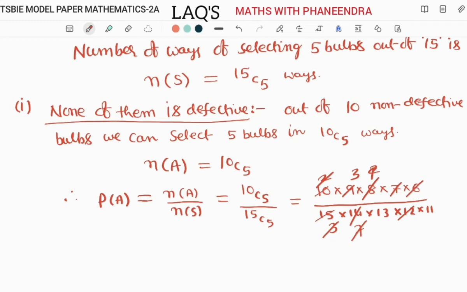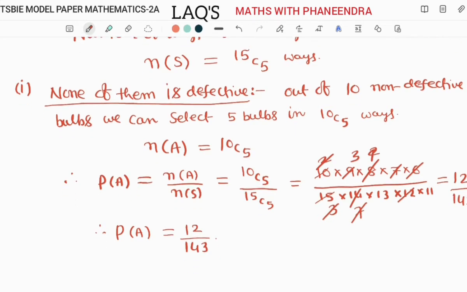So 3 into 4 is 12 by 11 into 13 is 143. Therefore P of A is equal to 12 by 143. So the first question is over.